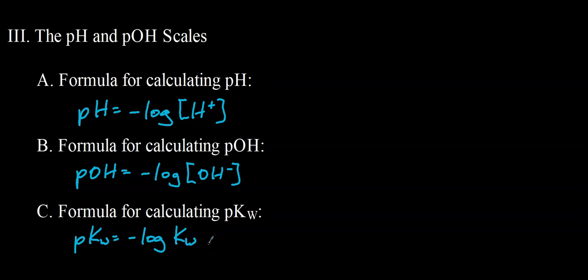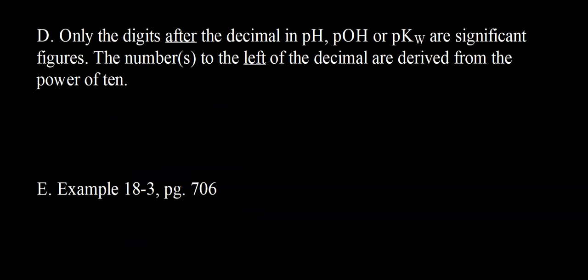Now, some of you asked about significant figures with logs. Technically, here are the rules for sig figs with logs. It says only the digits after the decimal in pH, pOH, pKw are significant figures. The number or numbers to the left of the decimal are derived from the power of 10, and they are not significant. So for example, let's say we have an H plus concentration of 1.00 times 10 to the negative 7th.